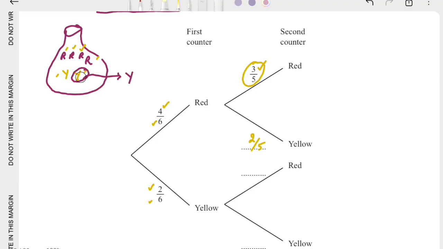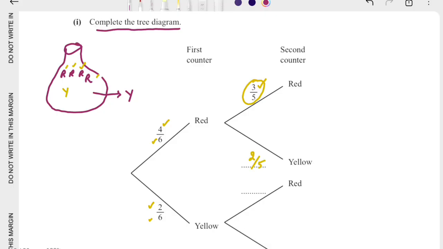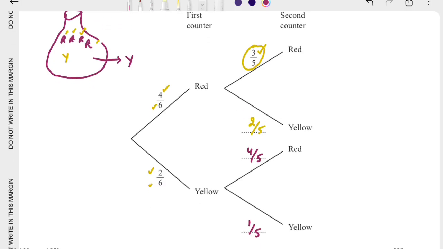Now see, there is only one yellow inside the bag. So the probability for yellow will be 1 upon 5. Now see red: 1, 2, 3, 4. Reds are 4. 4 upon 5. In this way we can complete the tree diagram.